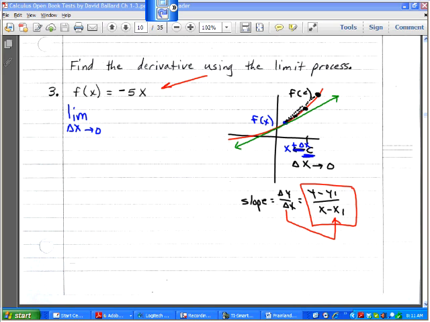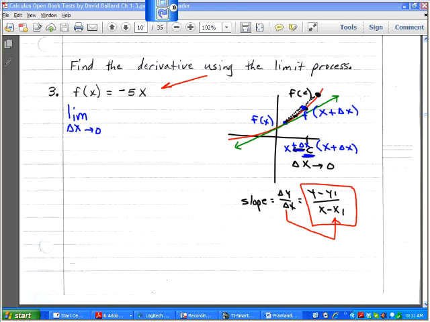So another way to express that point C is x plus delta x. And its function value up here would be f of x plus delta x.